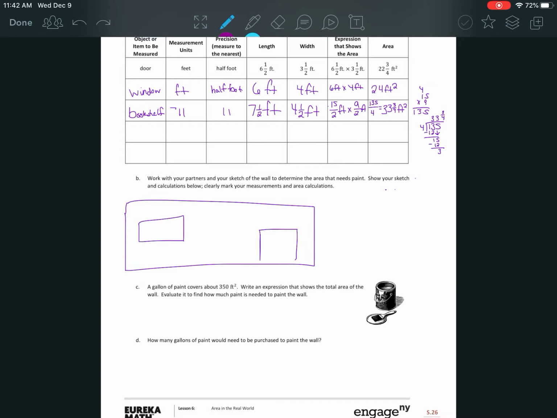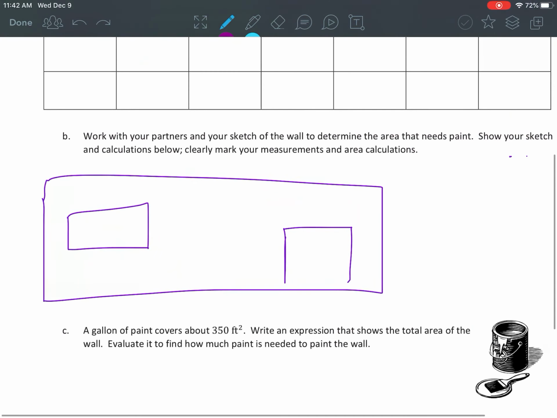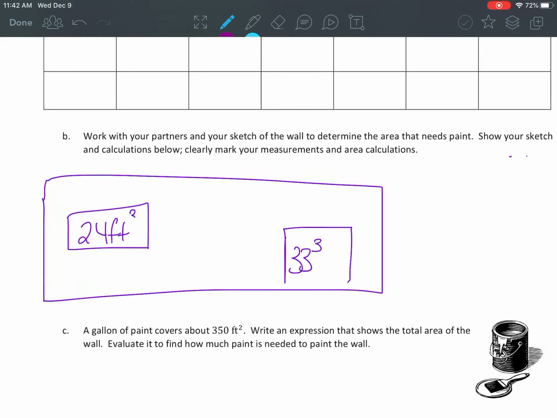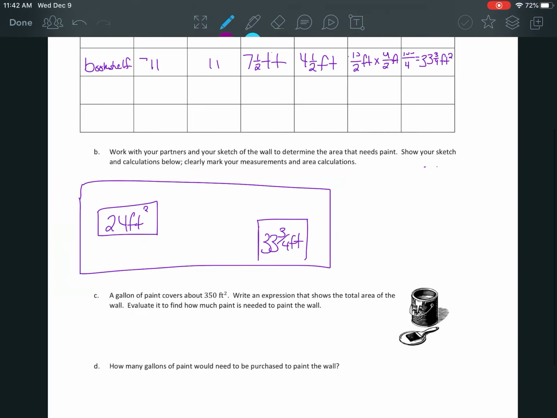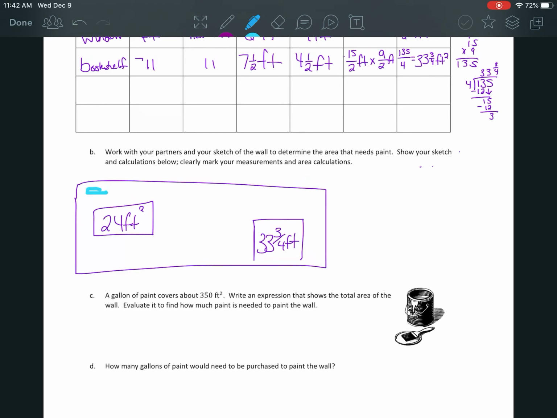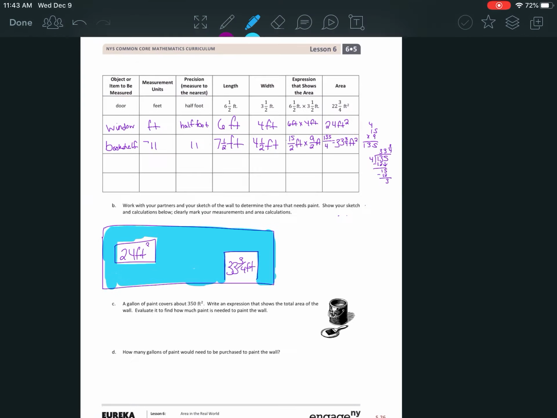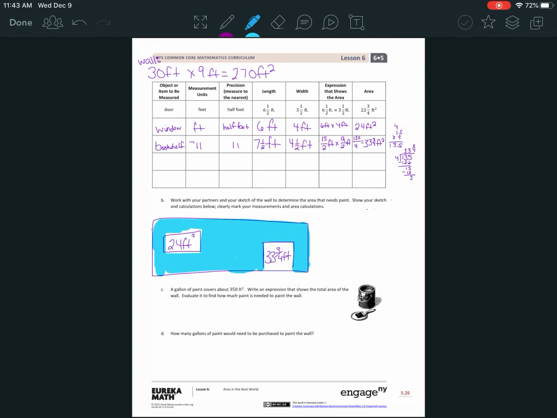Then we need to find, so we know that this is 24 feet squared, and this is 33 3/4 feet squared. If I'm going to paint my walls a nice pretty blue color instead of the cream color they are right now, so I'm painting and painting and painting. I did not paint those 2 things. So I didn't paint the full 270 feet.